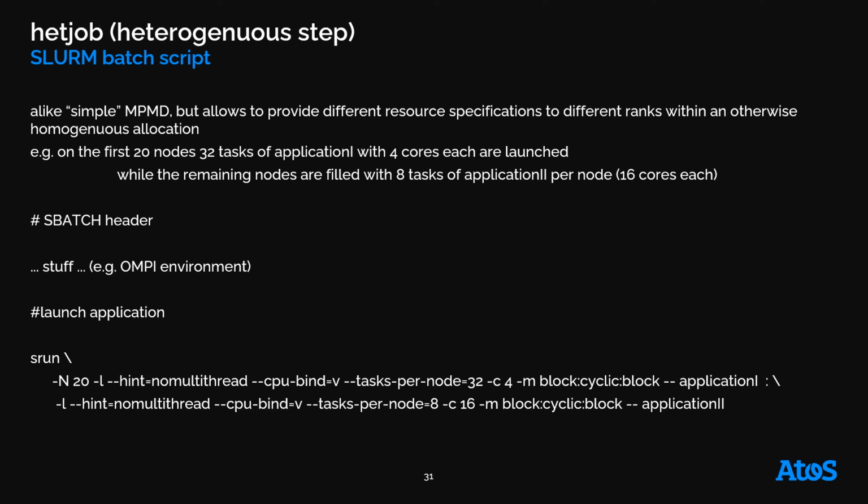And there are actually two kinds. First is the simplest part. It only has a heterogeneous step within a homogeneous allocation. So the allocation is done the very same way as before.